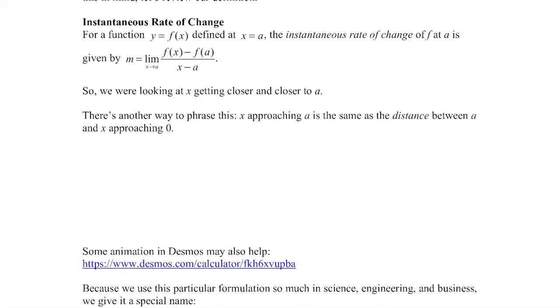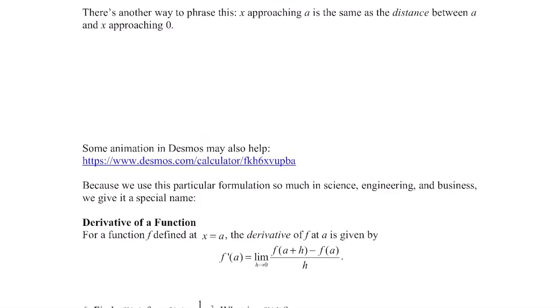Now, there's another way to phrase this. x approaching a is the same as the distance between a and x approaching 0. Let's look at what that means on a graph.